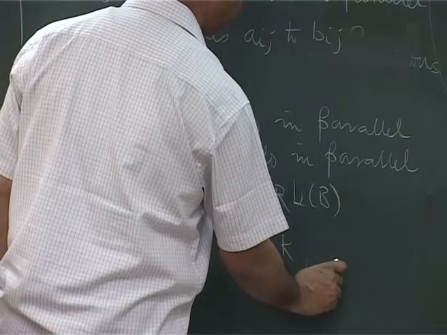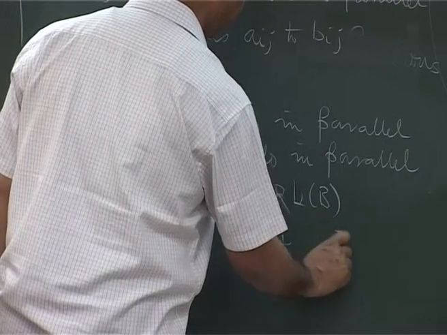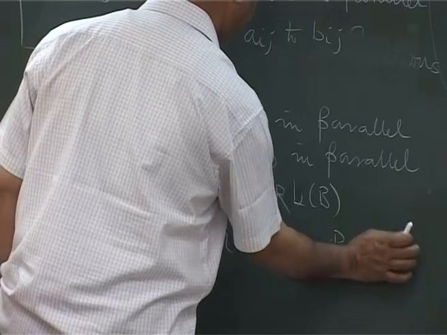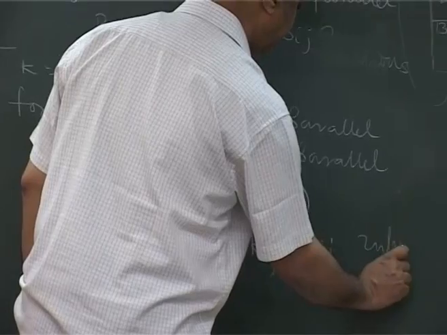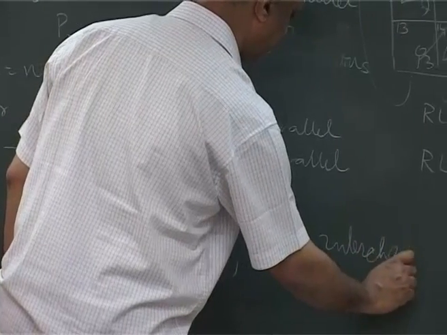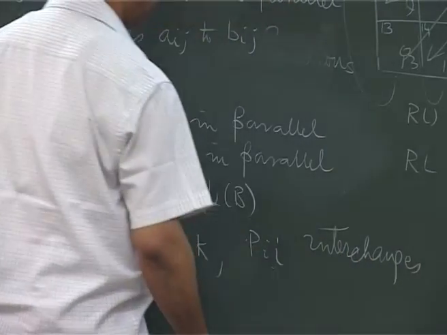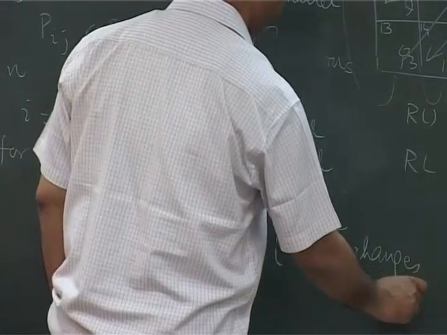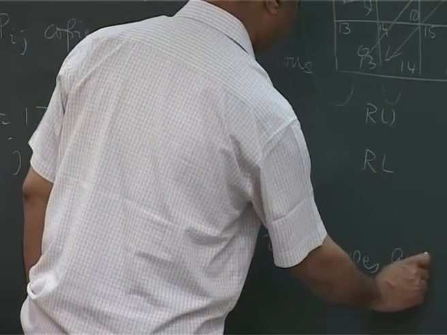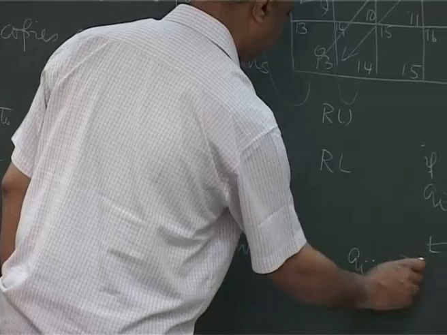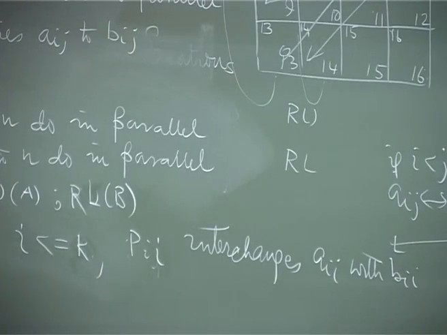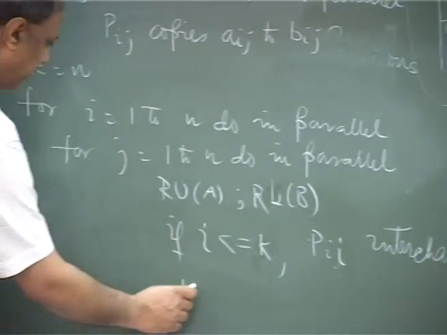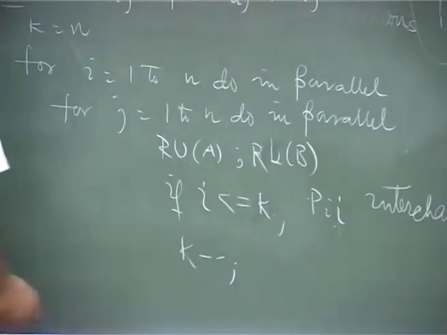Then interchange: Pii interchanges Aii with Bii, and then k has to be reduced by 1.